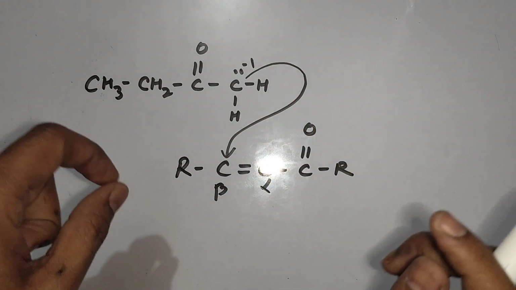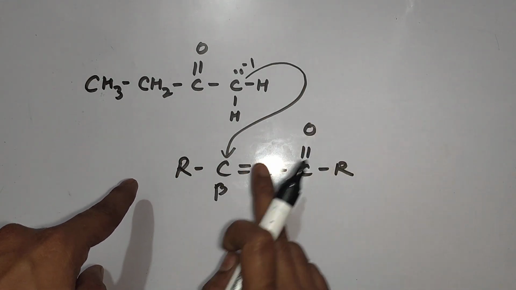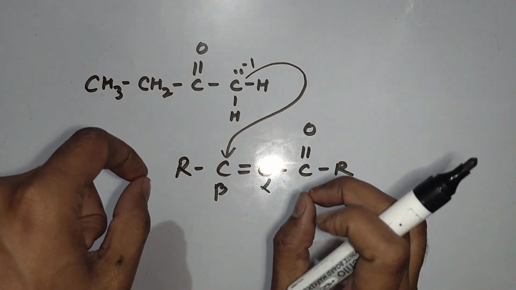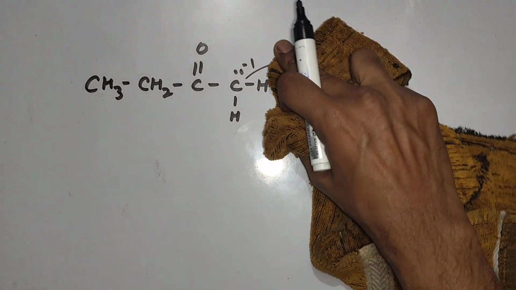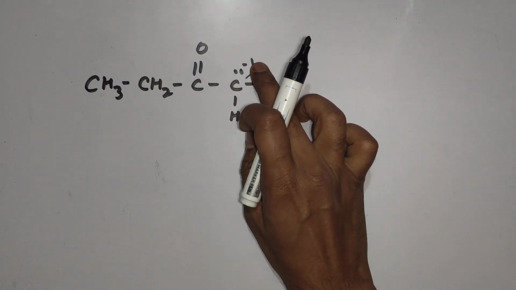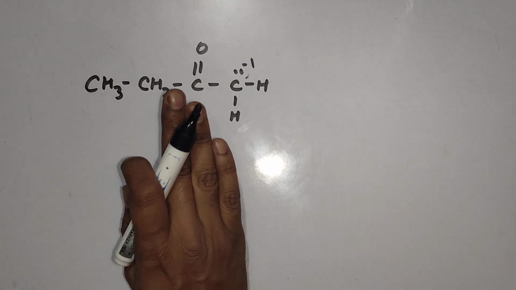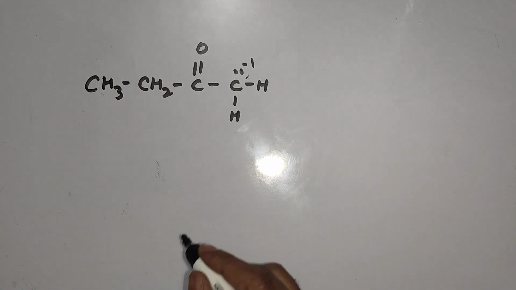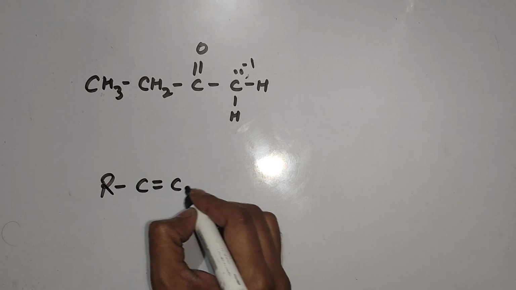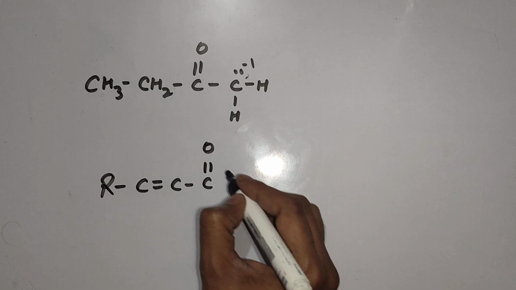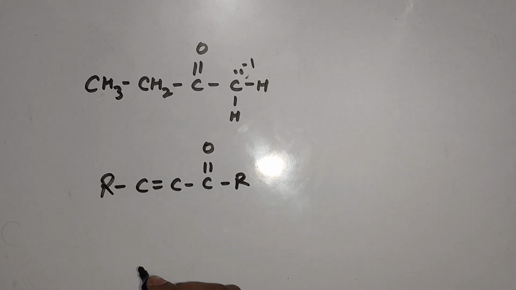Let's check. For that, you need to understand the resonating structure of this alpha beta unsaturated ketone, that I am going to draw. Keep it as it is. Wait. First we understand the alpha beta unsaturated ketone and its resonance. This is an alpha beta unsaturated ketone.